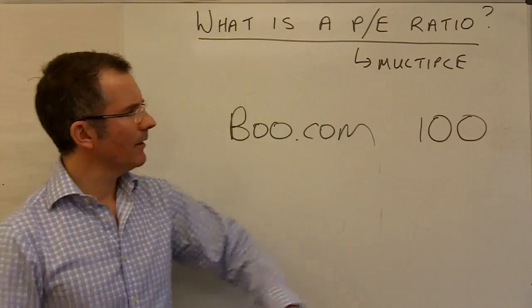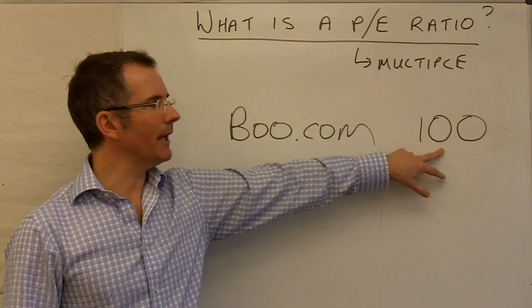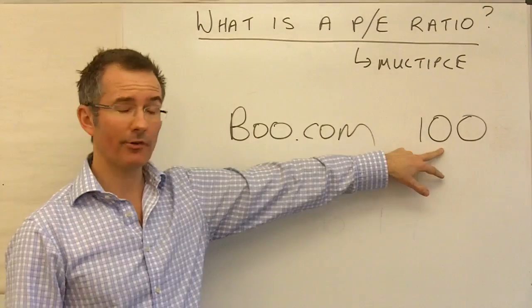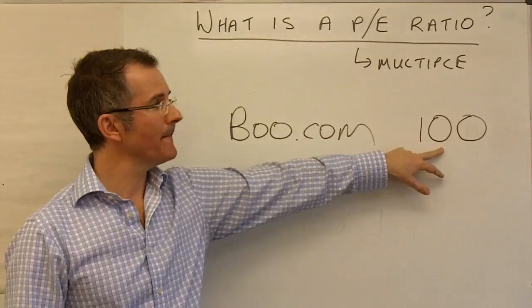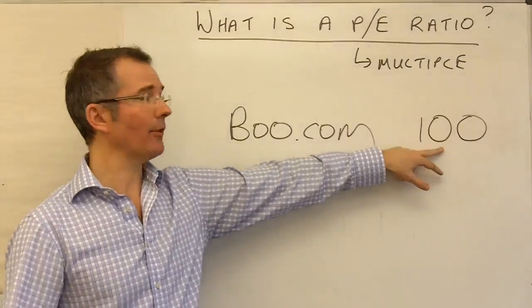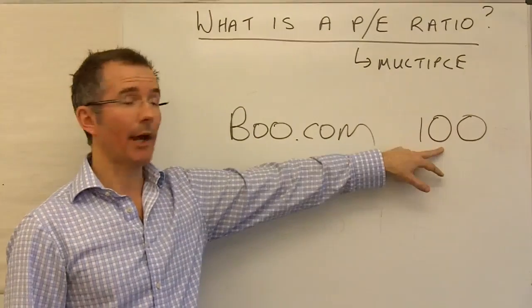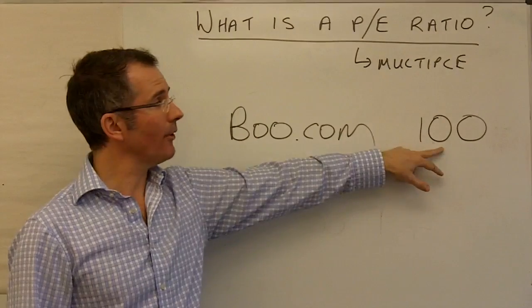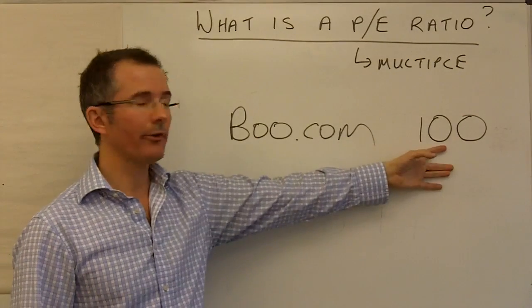What does that mean? Does anyone wait 100 years as a shareholder just to get their money back? No. You might wait 10, you might wait 14 in the Tesco example, you might wait 20, probably you don't, and you certainly don't wait 100. So what's going on? Is this a nonsense figure?